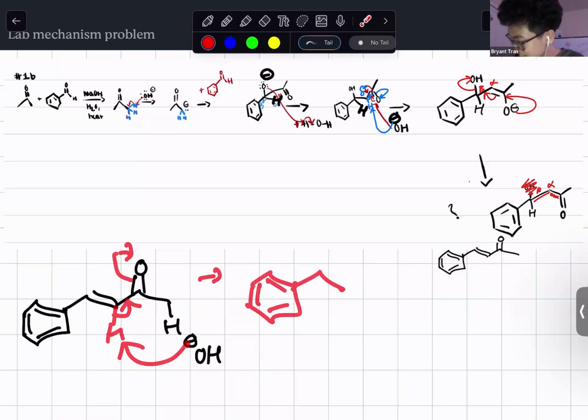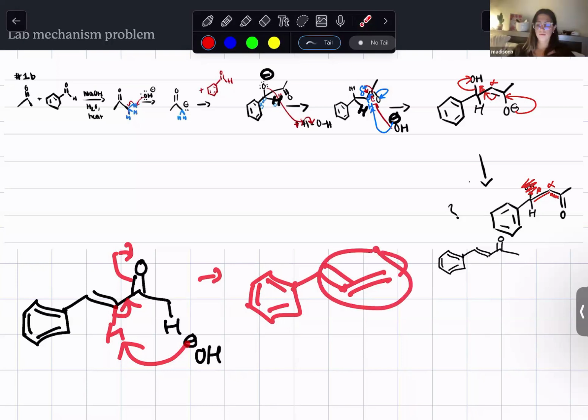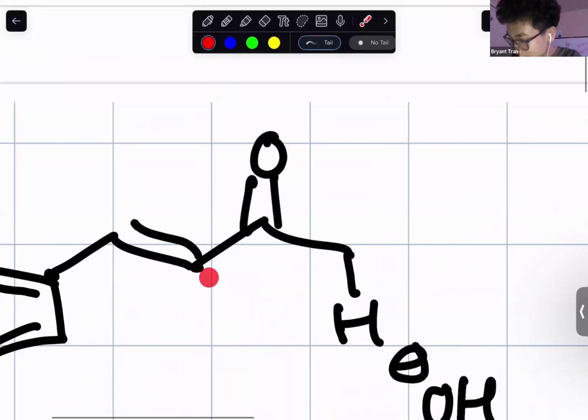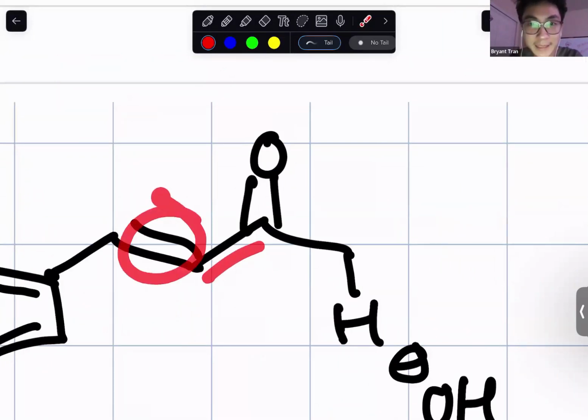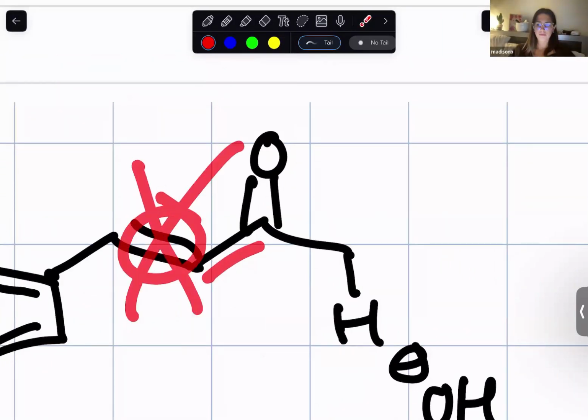So we're gonna have something like this, with two double bonds right next to each other like that. So that's why we don't want to make a double bond right here, because there's already a double bond right there next to it.